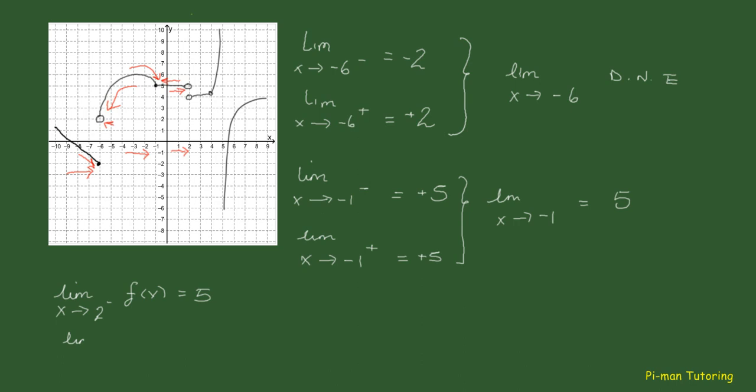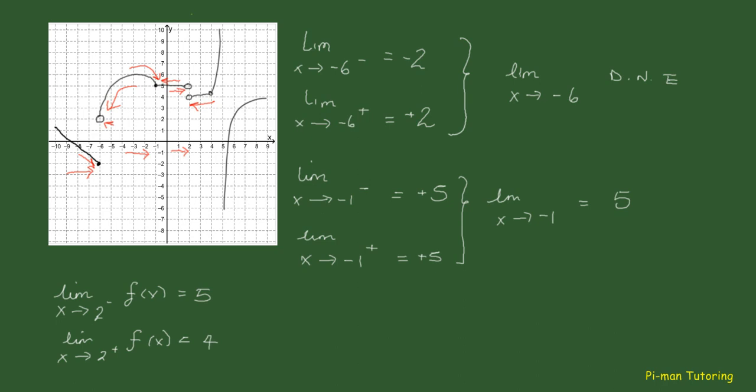On the other hand, if we look at the limit as x tends to 2 from the positive direction of f of x, we can see that the function approaches a value of 4.